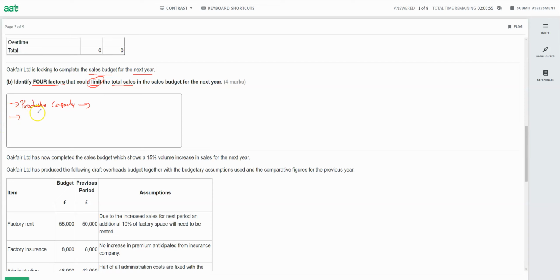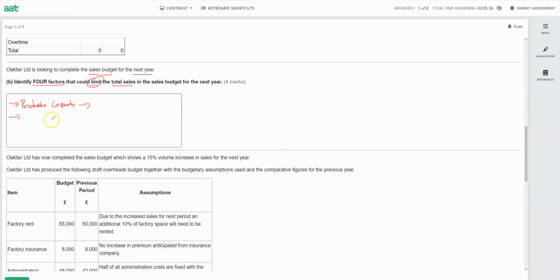The next one, now we give the breakdown. Breakdown of what? If we like to make some production, we need a few things for every single product. We need material, we need labor. This is a very common one you can use in any question.